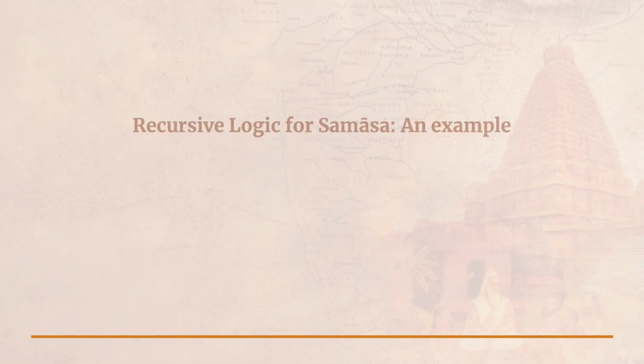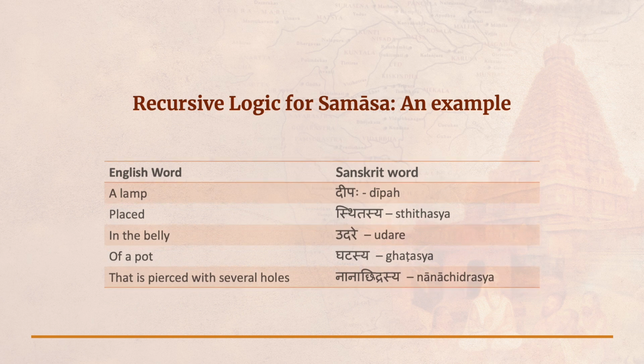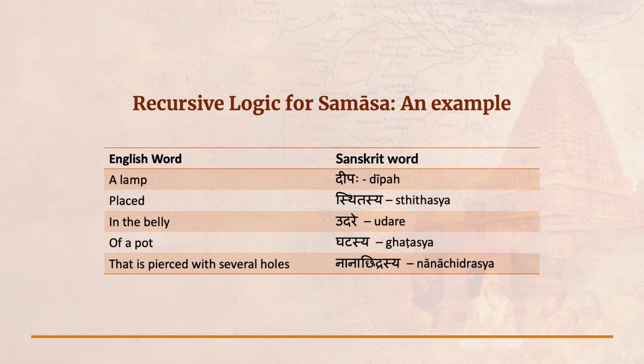Let's think of this. There is Deepa placed. Sthitasya means placed. Deepa placed in the belly. Udara is belly, Udare. Gata is a part, Gatasya, so of a part that is pierced. That part is pierced with several holes, Nana chidrasya.